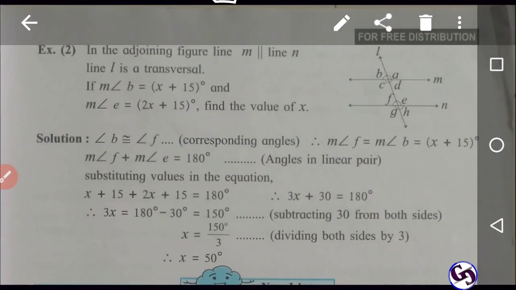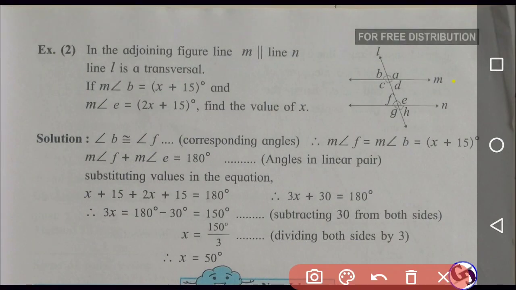This is first. Both lines are parallel and L is a transversal. Angle B is x plus 15 degrees, and angle E is 2x plus 15 degrees. Okay, we have to find the value of x. Okay, angle B and F, this B and this F are both corresponding angles, so both have the same value.